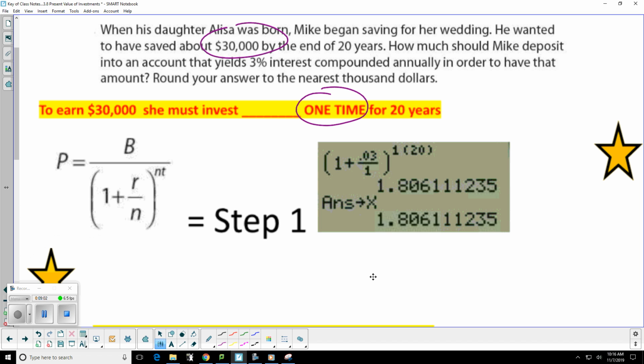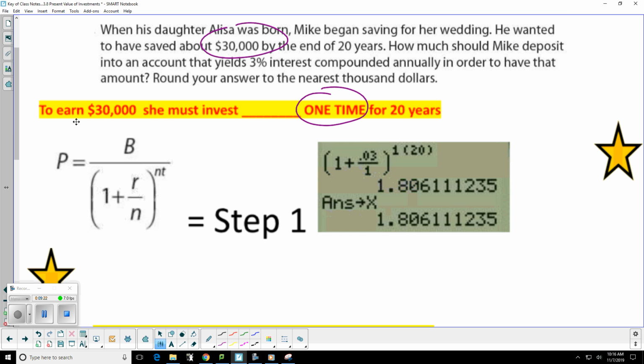Okay? So, knowing what we know, we isolate what's inside the parentheses first, and we set that equal to X. In this case, that X value is 1.8 something.